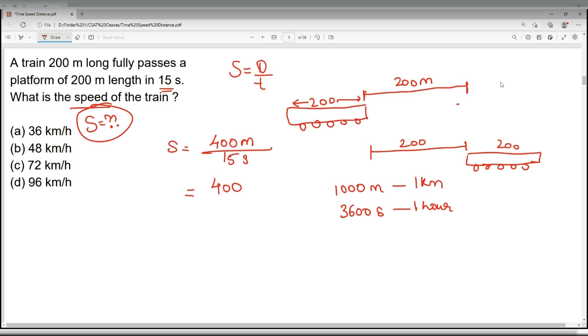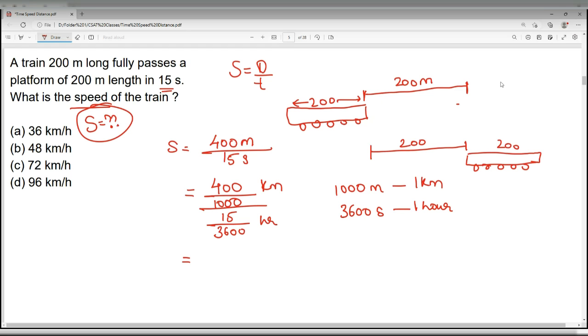So to convert the 400 meters into kilometers, we divide it by 1000. And to convert the 15 seconds into hours, we divide it by 3600 seconds. So the numerator will be in kilometers and the denominator in hours.